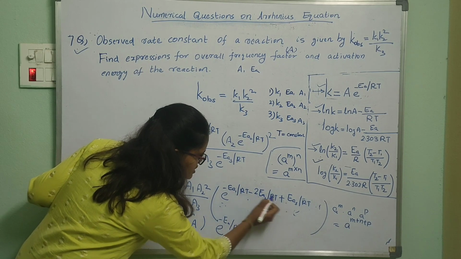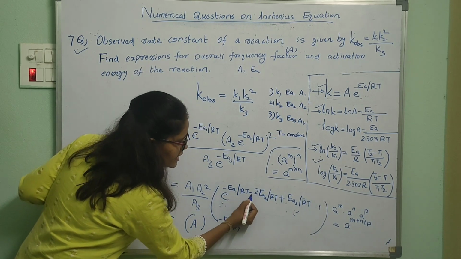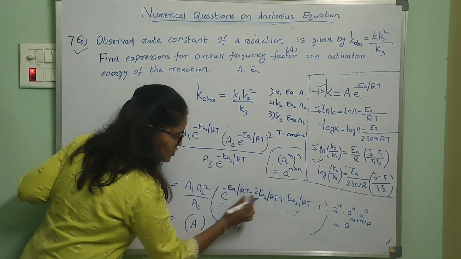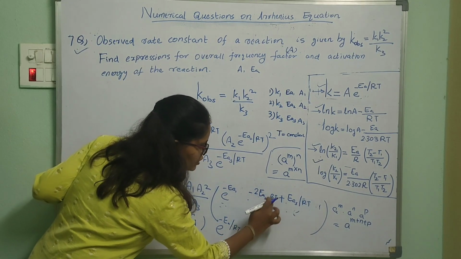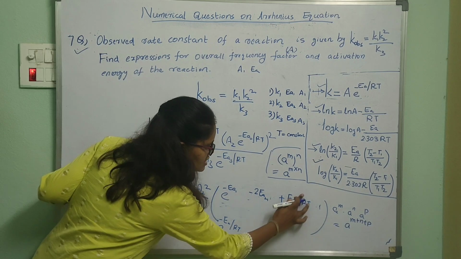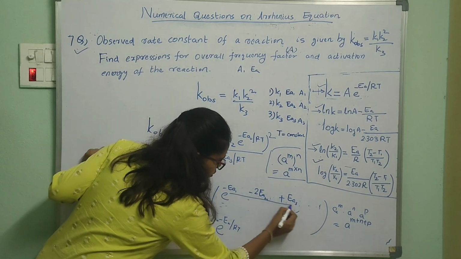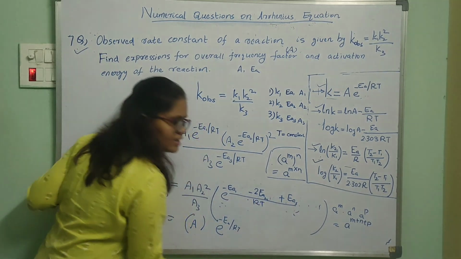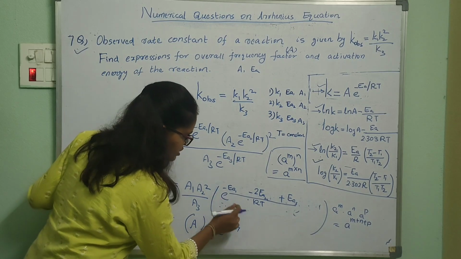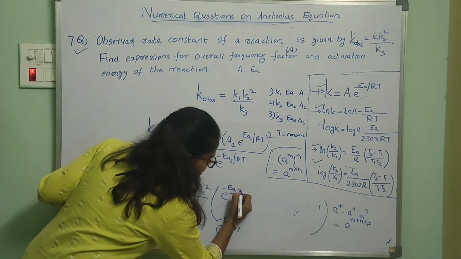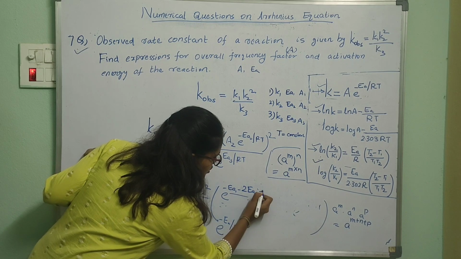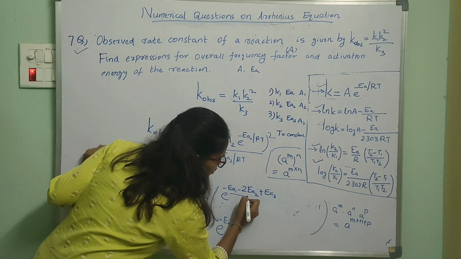I can take RT common from each term, so I can write it as minus EA1 minus 2EA2 plus EA3 over RT.